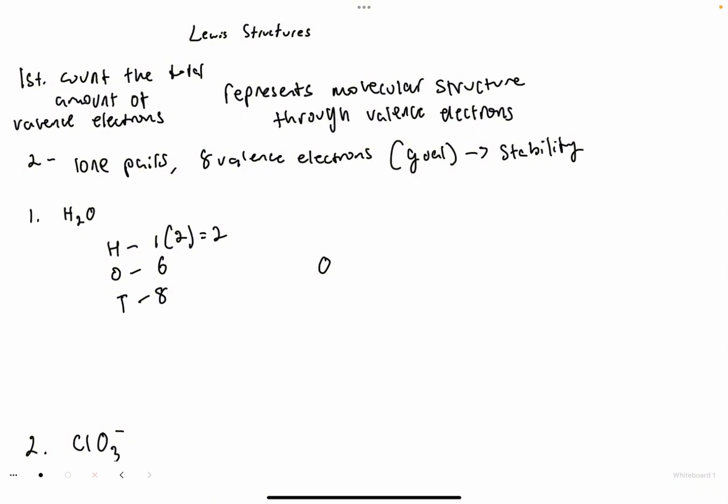Usually the single element will be in the center, and the element that has multiple will be on the ends. It doesn't matter where you put the bonds, it's still going to be correct. Now what's special about hydrogen is that if you were to say each atom needs to have 8 electrons, this would be incorrect, because hydrogen can only take up to 2.